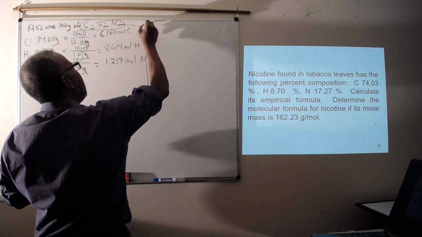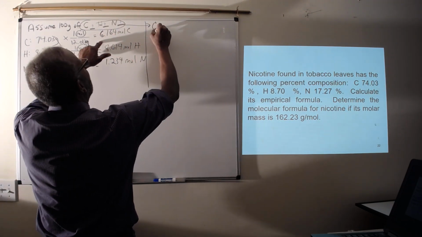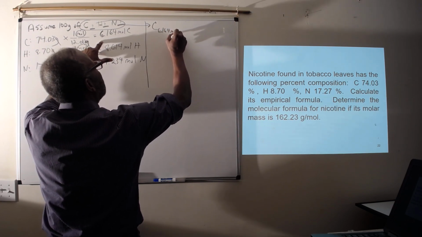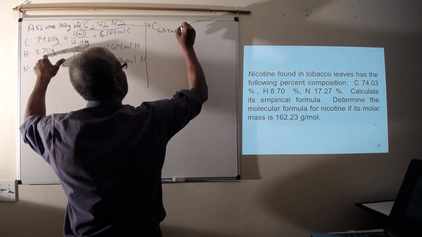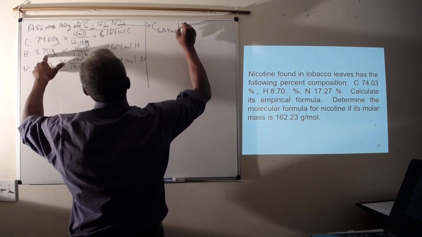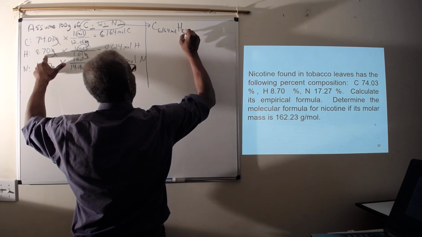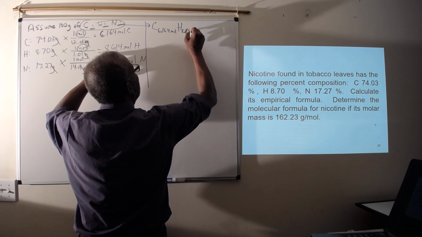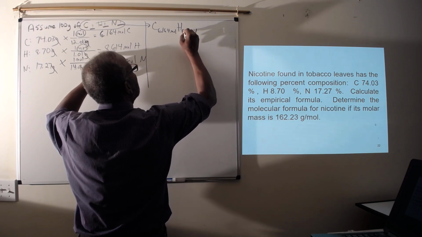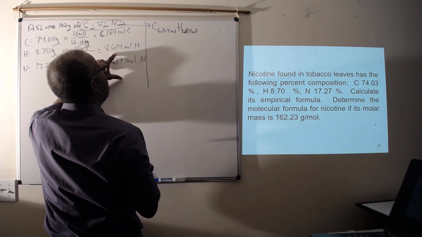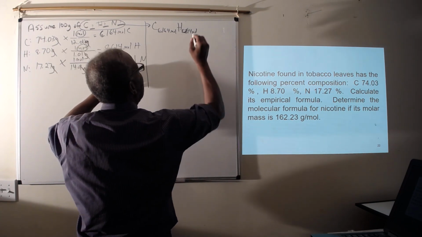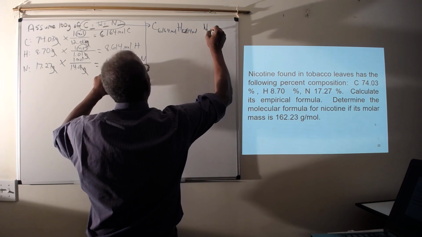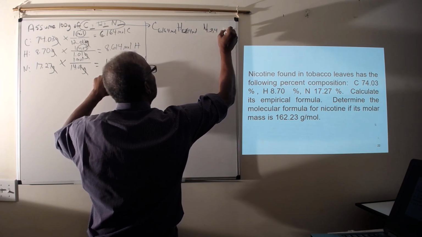Over here would be C, 6.164 moles, H, 8.614 moles, and then N, 1.234 moles.